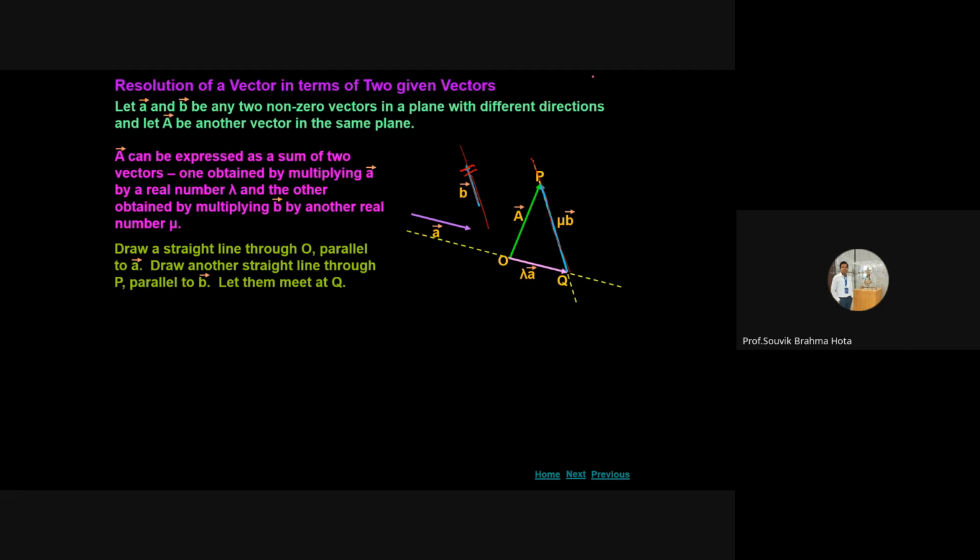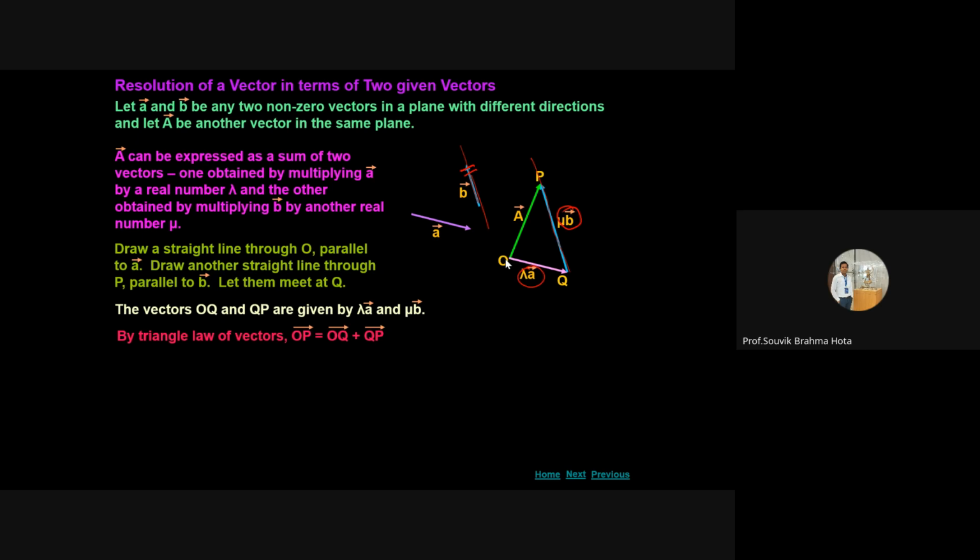Where this part is mu b, this is lambda a. The vector OQ is lambda a and QP is mu b. By triangle law, OP is equal to OQ plus QP. So OP, which is A, is equal to lambda a plus mu b.